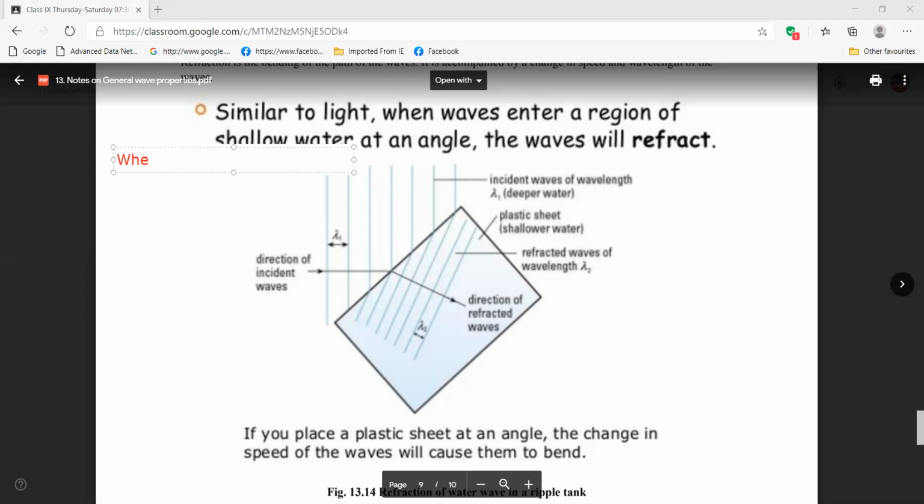When water waves travel from a deeper to shallow region, then it bends.